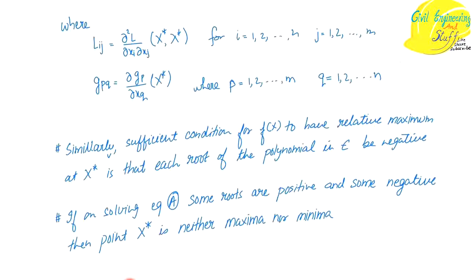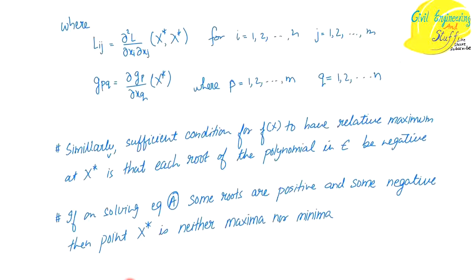Likewise the constraint also needs to be differentiated, and if we have the constraint gpq, then differentiation has to be done with respect to q.